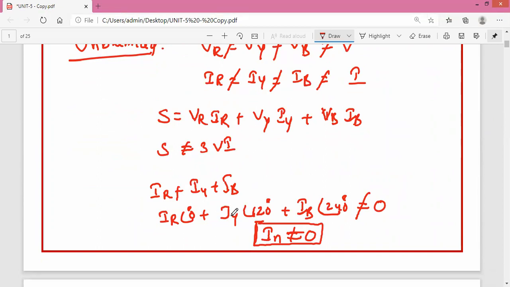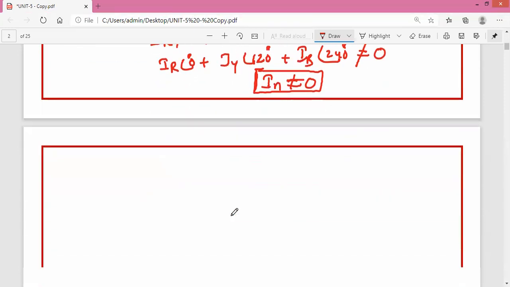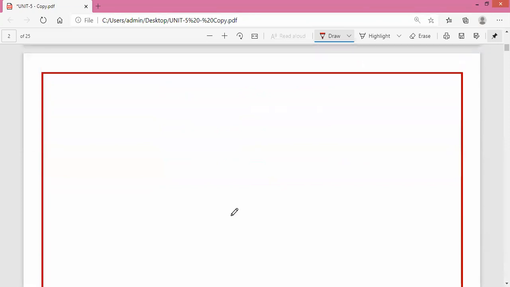Therefore, there exists a neutral current. Therefore, a large number of equations are required to solve in a power system. So what is the remedy for this? How can you reduce the number of equations and the time taken for calculating these unbalanced parameters?